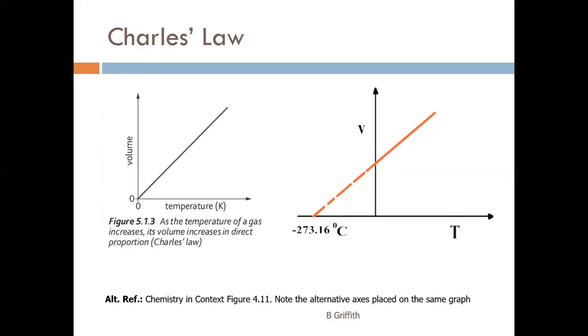Now, please pay attention to this, because depending on the type of question, if you are asked to complete a graph where the unit on the x-axis is not given, then you decide whether you're using temperature in Kelvin or degrees Celsius. If the axis is given to you, then you must include the correct cross overlap.